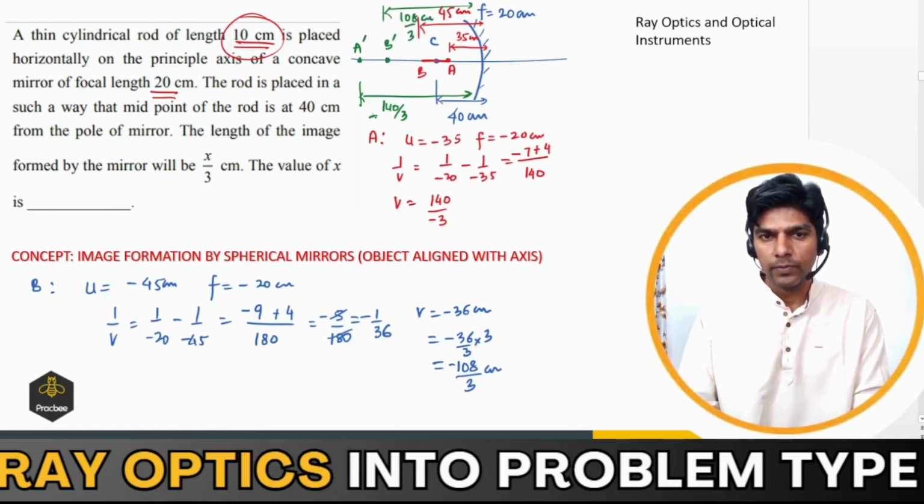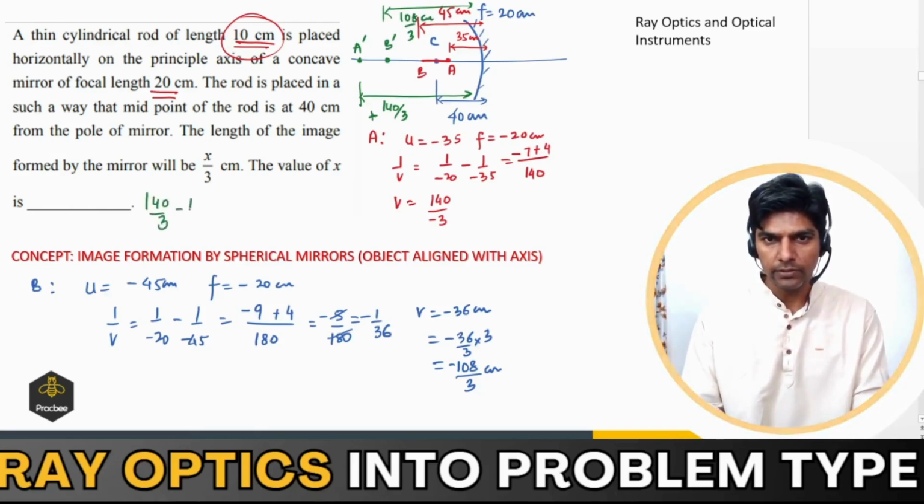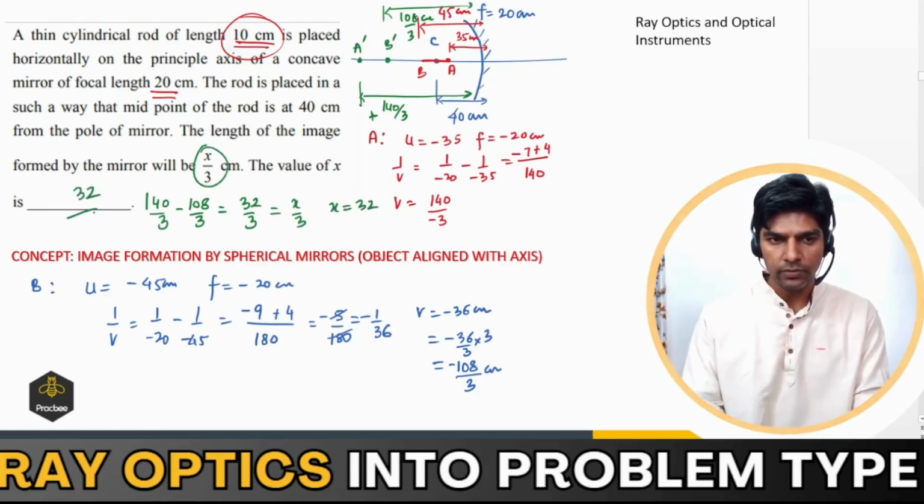Okay. So the length of the image will be 140 by 3 minus 108 by 3, which comes out to be 32 by 3. And it is given as x by 3 in the question. So x comes out to be 32. So 32 is the answer of this question.